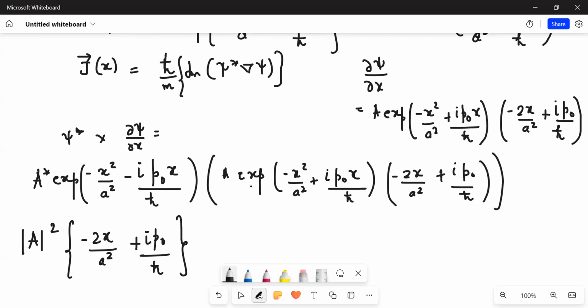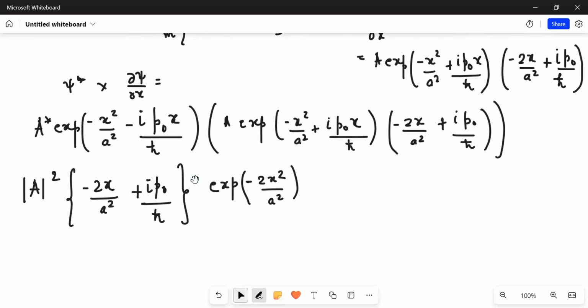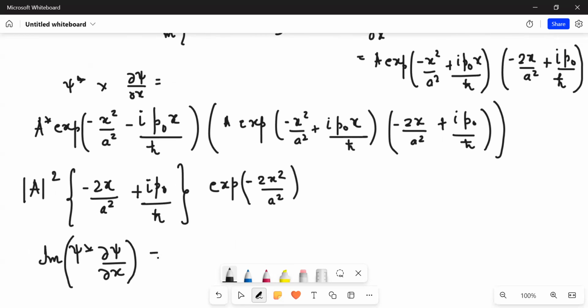Okay, and then both exponentials get multiplied, and I'll get exponential of minus 2x square upon A square. And we have to just write the imaginary part out of this.